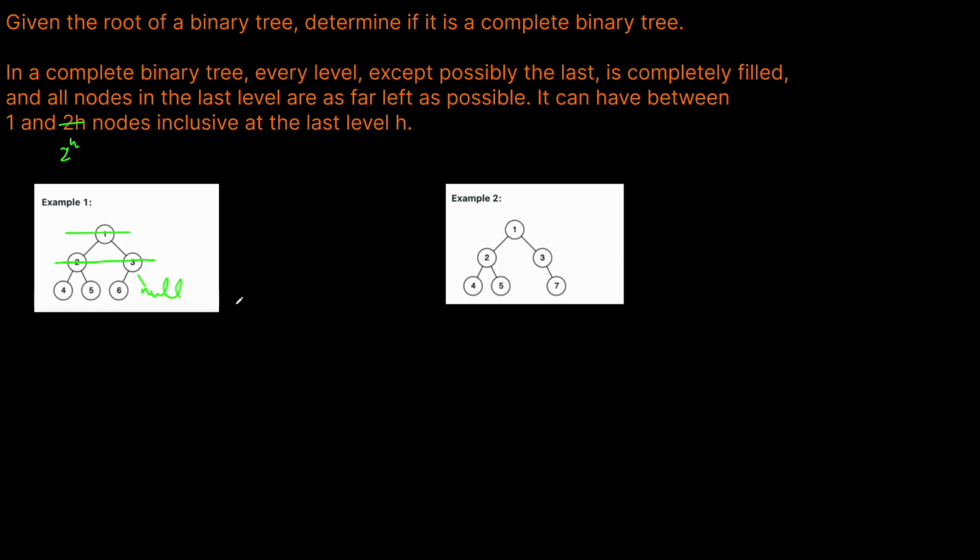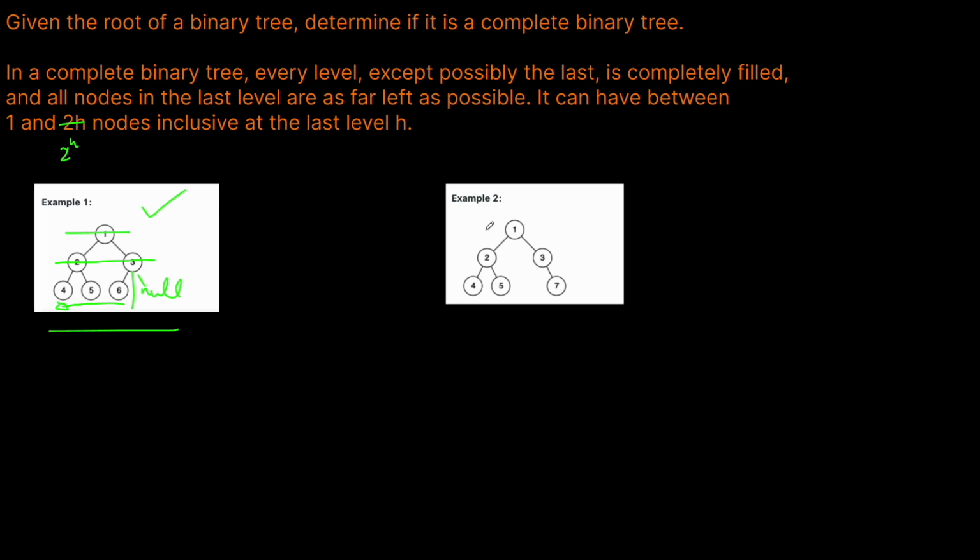So that means it's not filled completely, but this null is the rightmost node, right? All of the non-null nodes are as far left as possible. Therefore, that's okay. And since this is the last level in the tree, that's okay, because if there's a null, then every level after that should also be null. So this one is a valid complete tree.